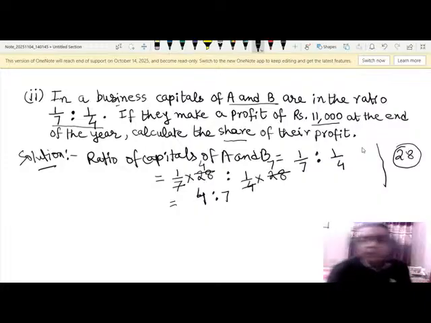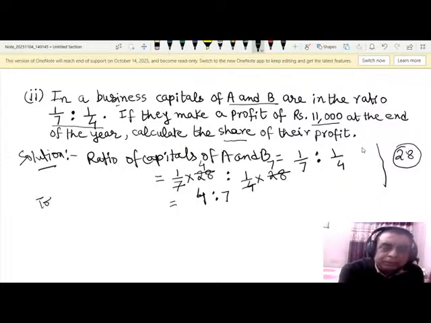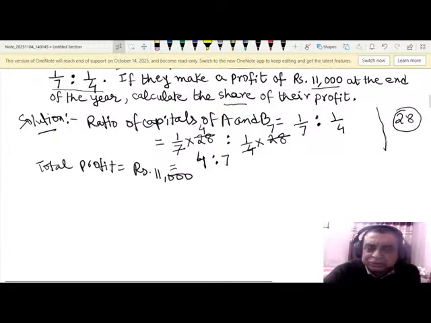So the profit will be distributed in this same ratio. The total profit given in the question is rupees 11,000. Now this profit will be distributed in the ratio of the capitals.